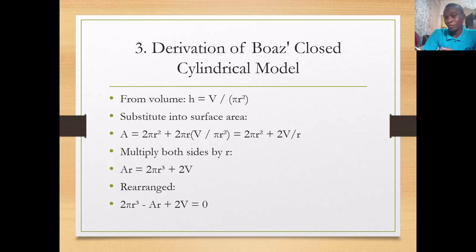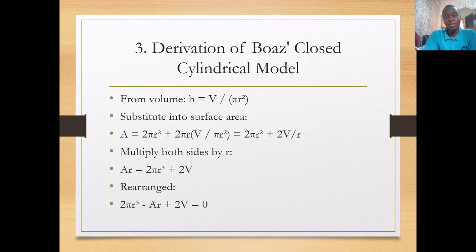Having h = V/(πr²), we insert it, multiply both sides by r, and after simplification we remain with Ar = 2πr³ + 2V, where V is the volume and A is the area.